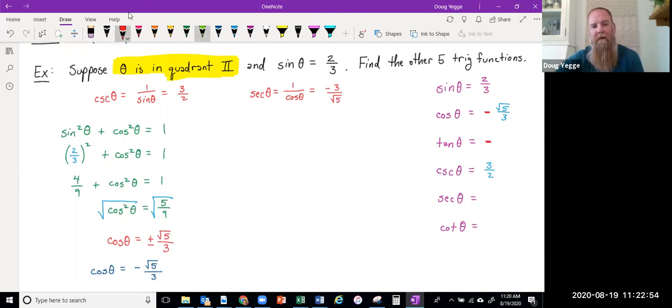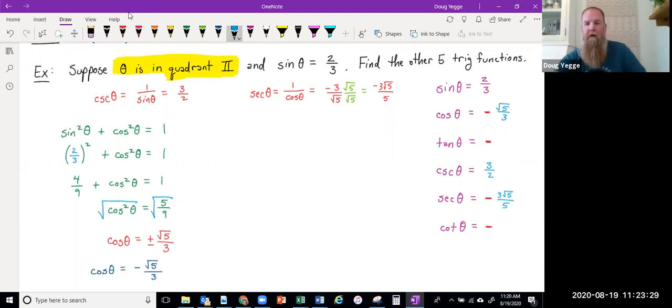But that's not good enough because we need to rationalize the denominator, which tells me that my secant of theta is -3√5/5, which validates the fact that my secant of theta should also be negative, just like my cotangent of theta should also be negative. So this gives us -3√5/5.